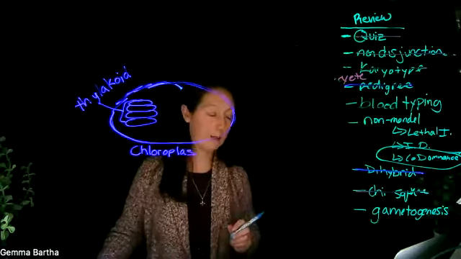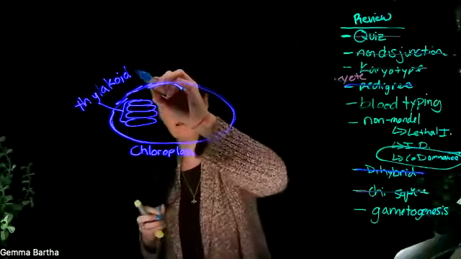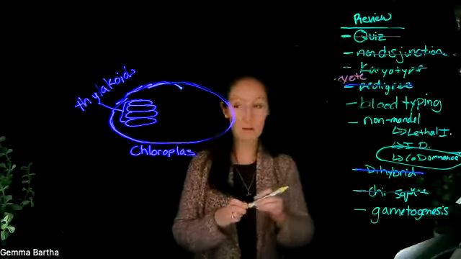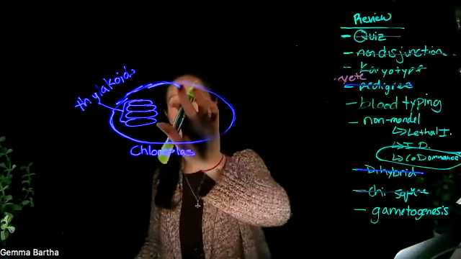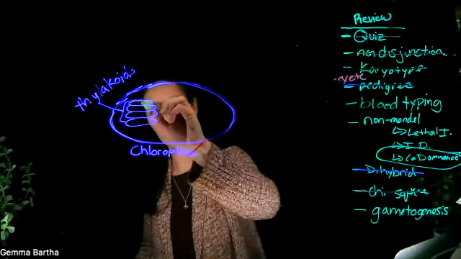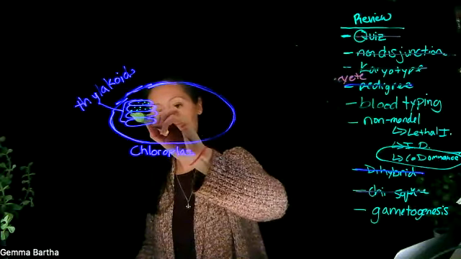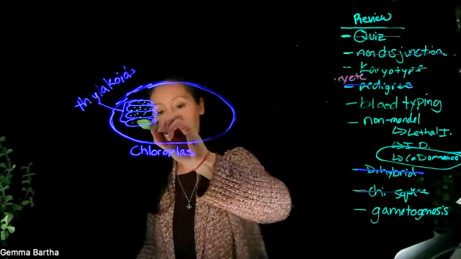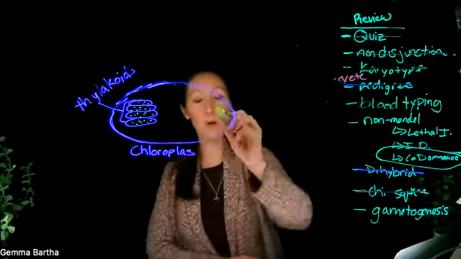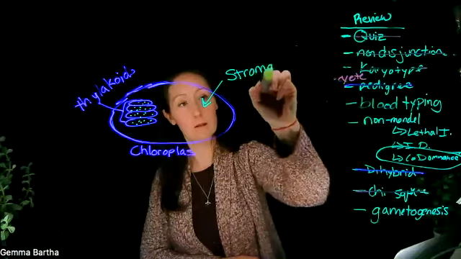What is on the thylakoid? And the stacks are called the granum. What's on the thylakoids? Nope. So you have here, this is your stroma.